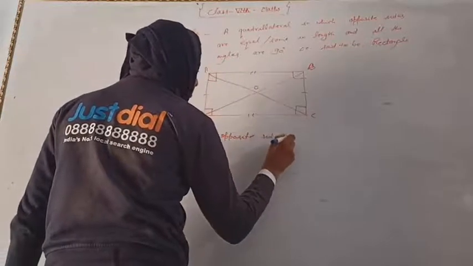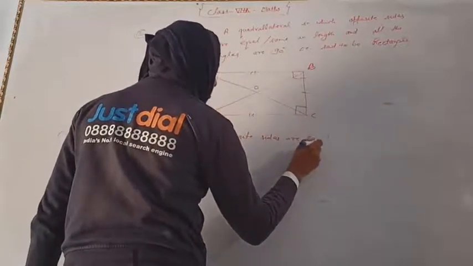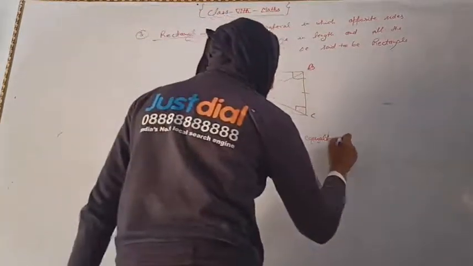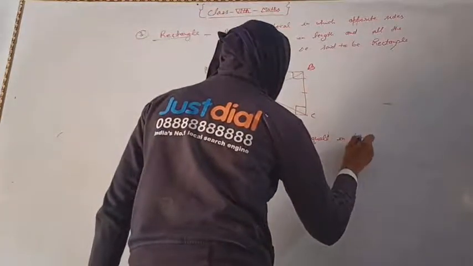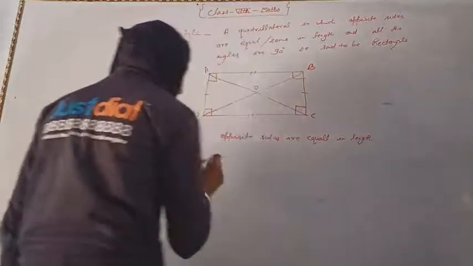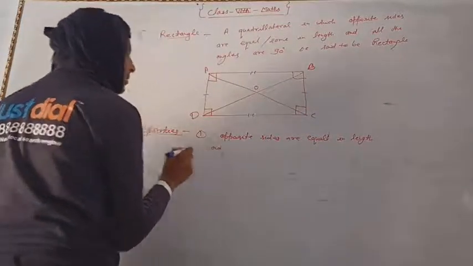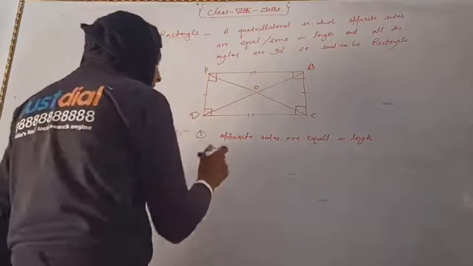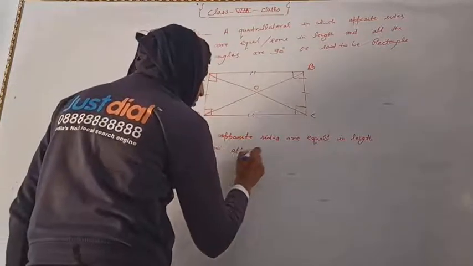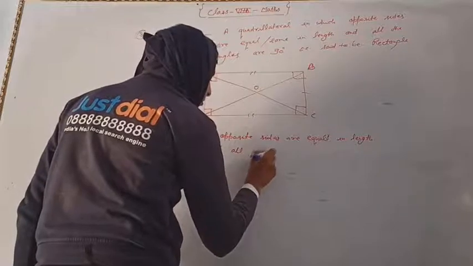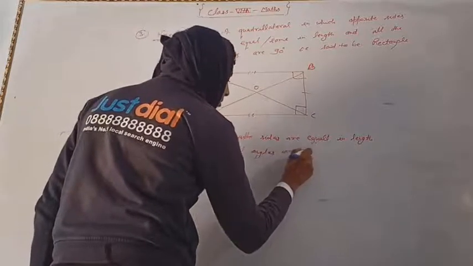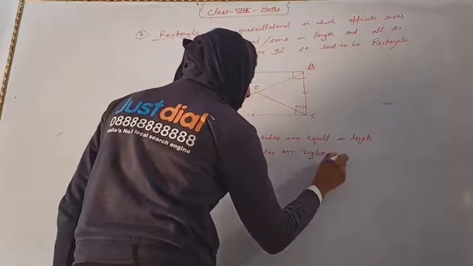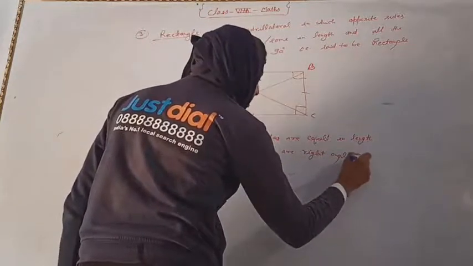Opposite sides are equal in length. And all angles are right angle, that means 90 degree, right angle 90 degree. Okay.